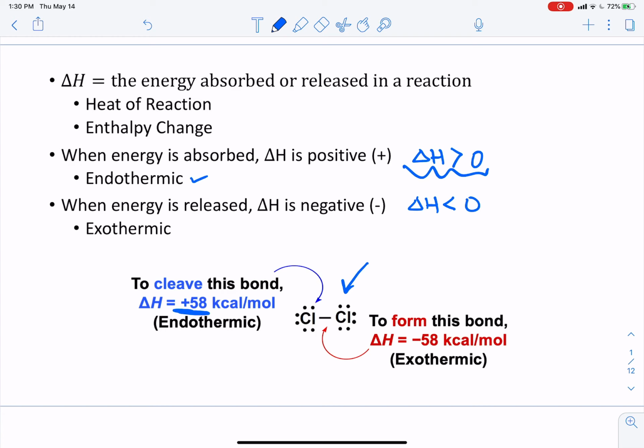So we call that negative 58, and that's per mole of chlorines that make that bond. And this is exothermic, meaning the energy is released, the energy goes out. So this negative right here means out. The heat is going out from whatever's happening here.